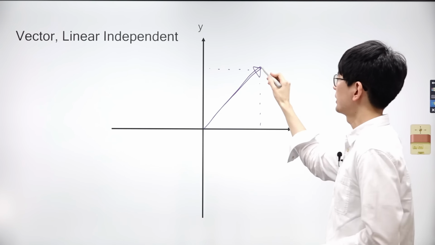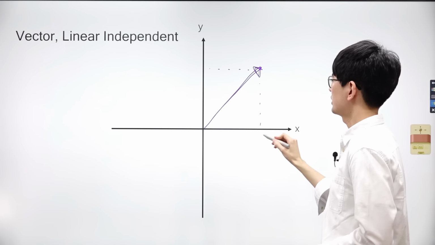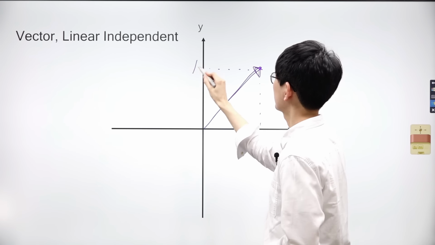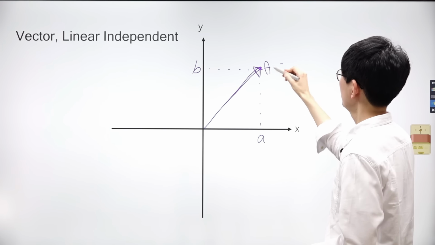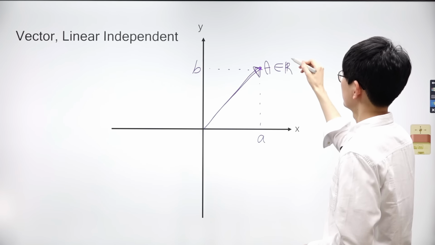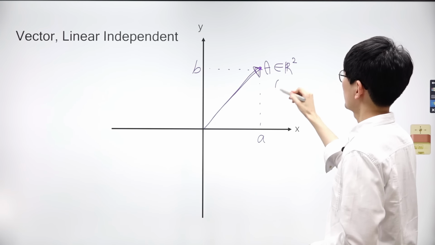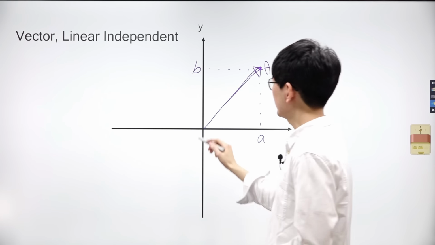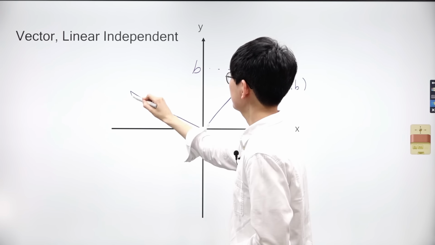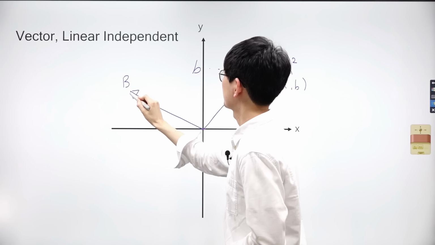For instance, let's say we have a vector A pointing to coordinates a, b. We can say vector A is in R2 with coordinates a, b. Let's draw another vector on the plane called B with values c and d.